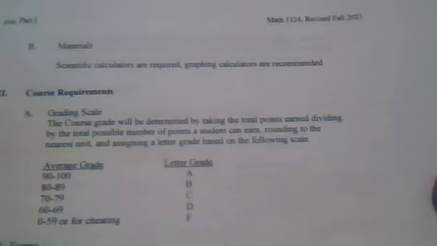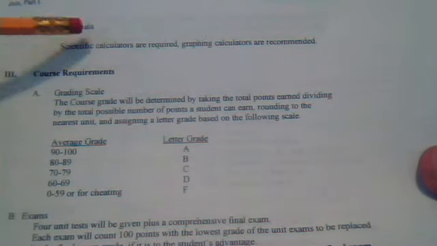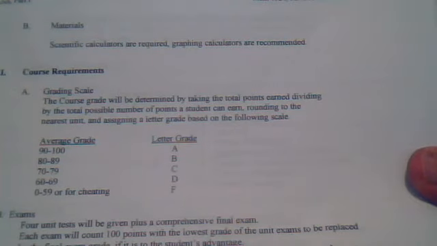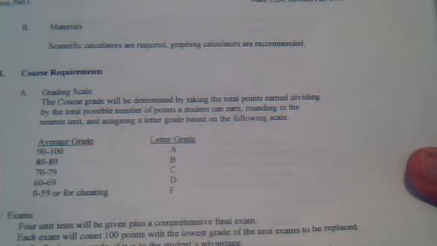Let's go to the second page of the syllabus. And I'm just going to go over the highlights. This syllabus is available to you in Blackboard, so it's there. The whole syllabus is there for you to see. Scientific calculators are required. Graphing calculators are recommended. But from experience, I tell you, a scientific calculator will do the job. There's some real inexpensive ones at Walmart for like $12 and a couple of cents.